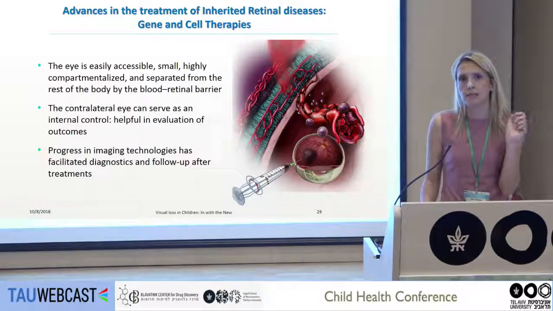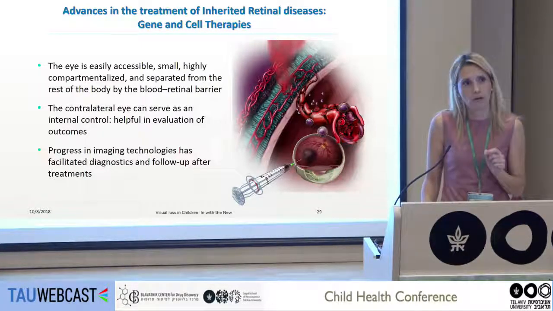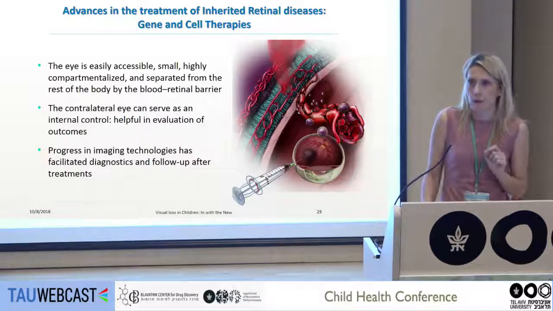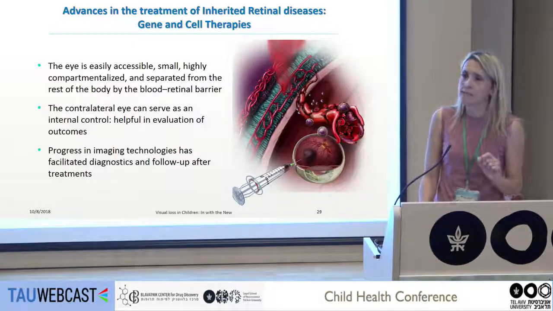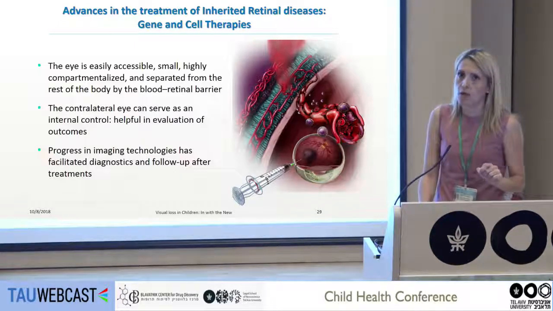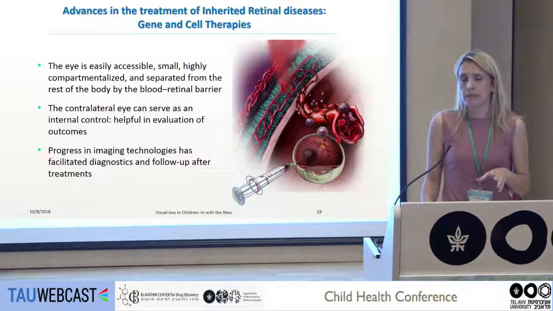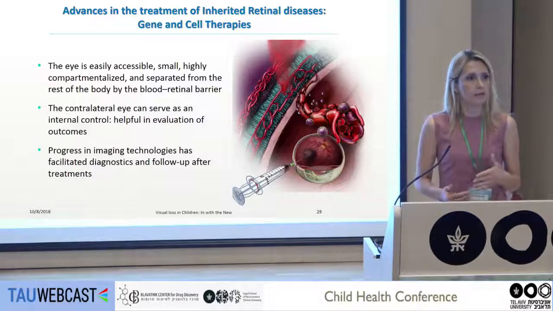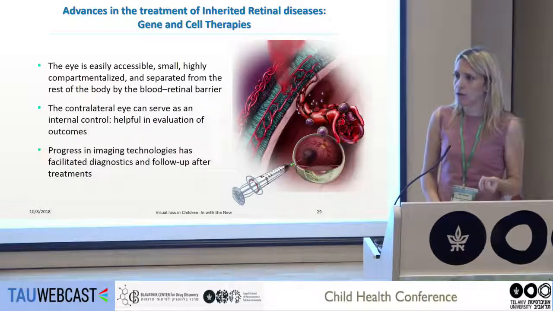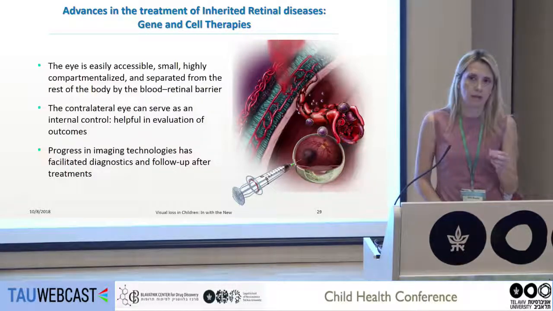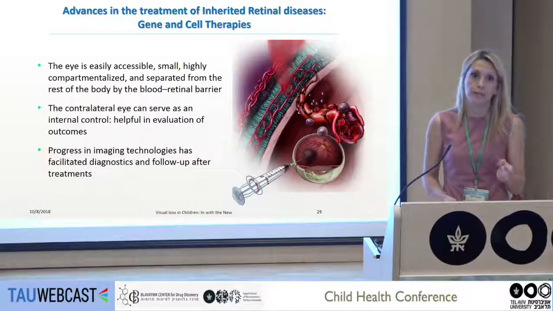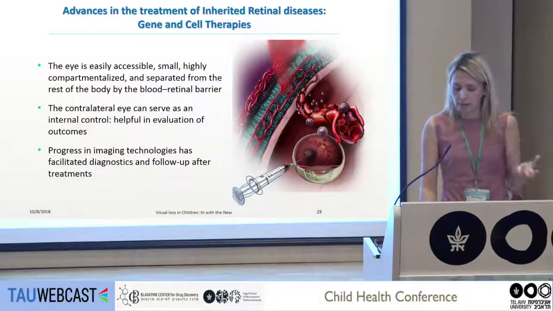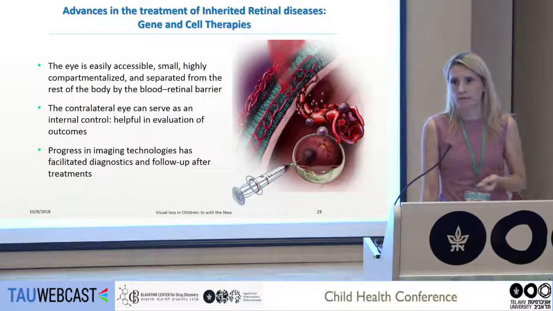It permits specific targeting of intraocular tissues with the blood-ocular barrier actually minimizing systemic exposure. The retinal cells normally do not divide, which means that sustained transgene delivery is actually possible. And most importantly, perhaps, the contralateral eye can serve as an internal control, thus allowing for accurate assessment of the therapeutic outcome.